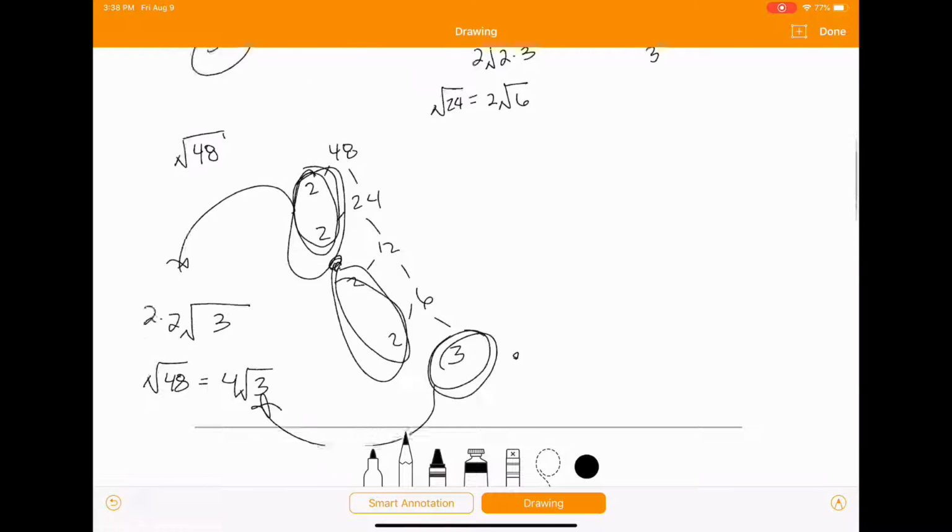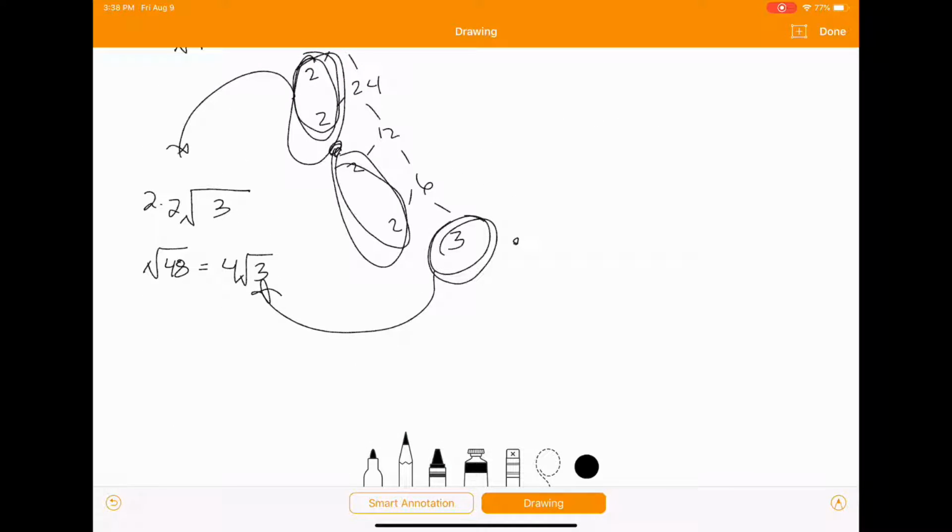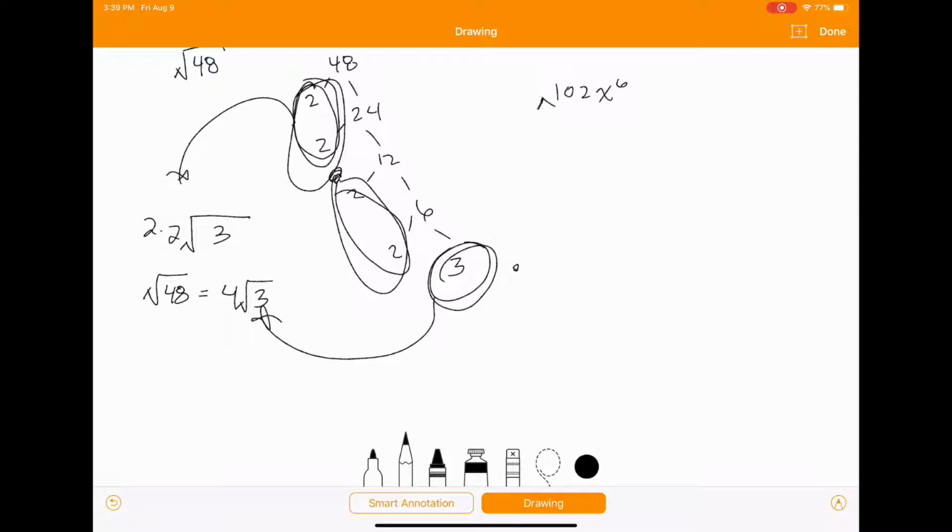Now, if you had, for example, let's just go with 102 x to the 6th, then you want to know the square root of that whole thing. You go ahead and run a prime factorization on this.